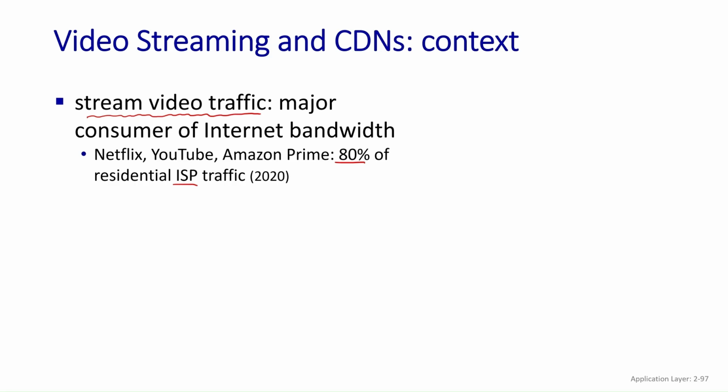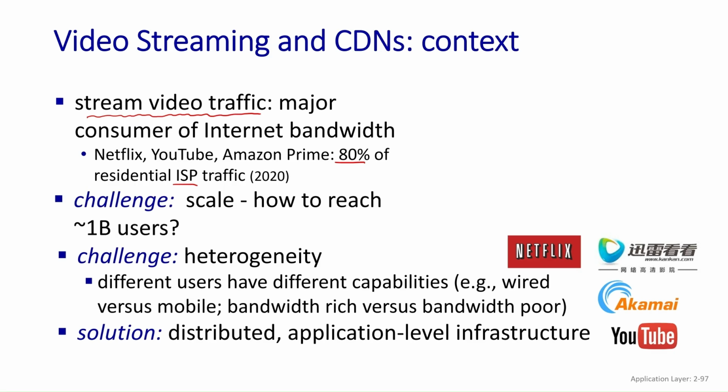And this becomes challenging. Why? Because there are about 1 billion users, and we have to scale up to reach them. This is more challenging depending upon the heterogeneity of the users. Different users have different capabilities. Some users have wired connections, some use mobile phones with 4G, 5G, or Wi-Fi.